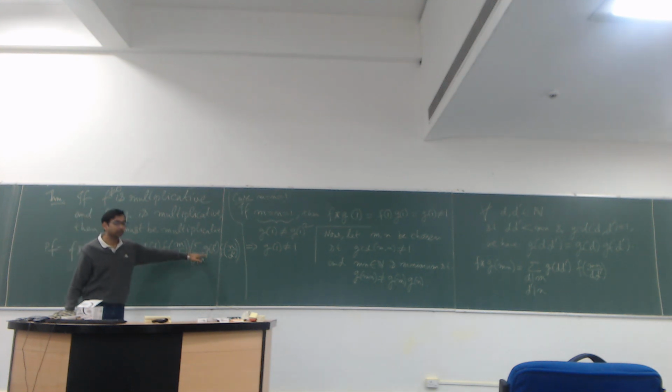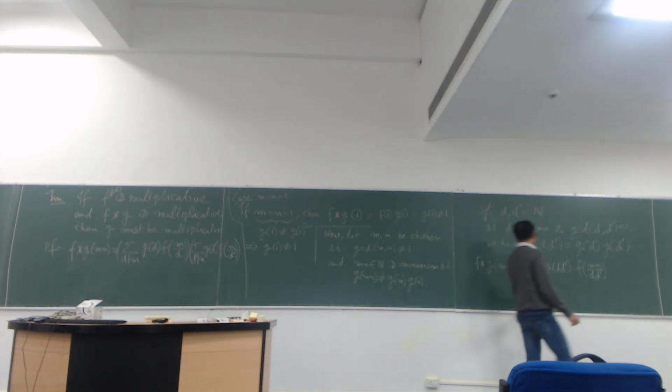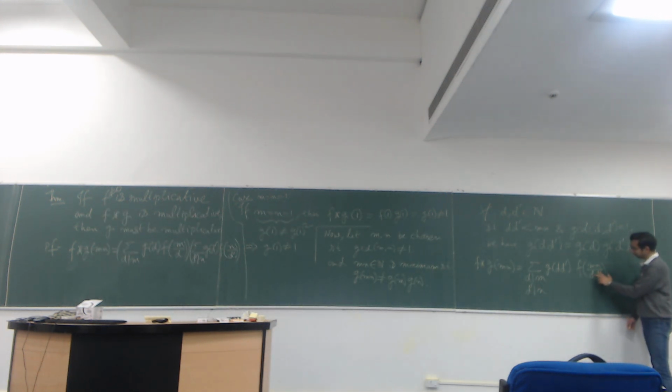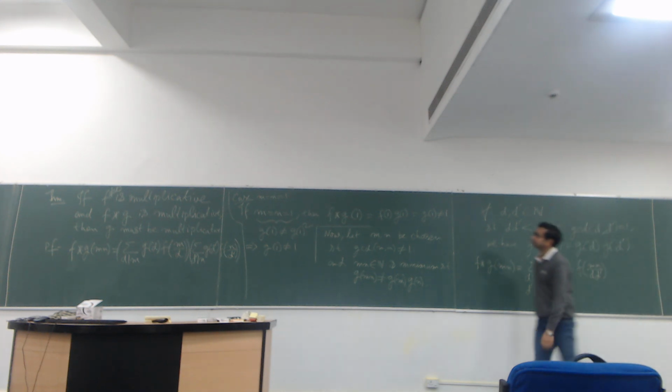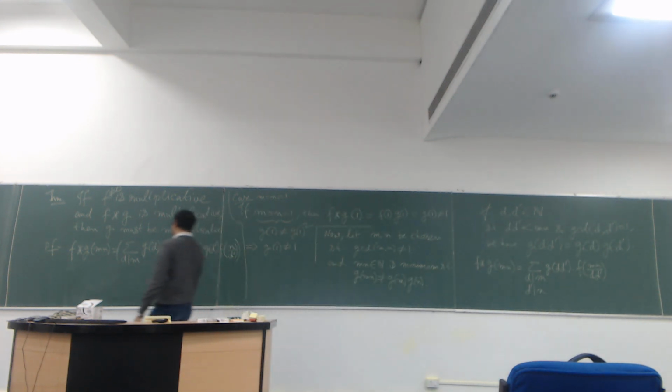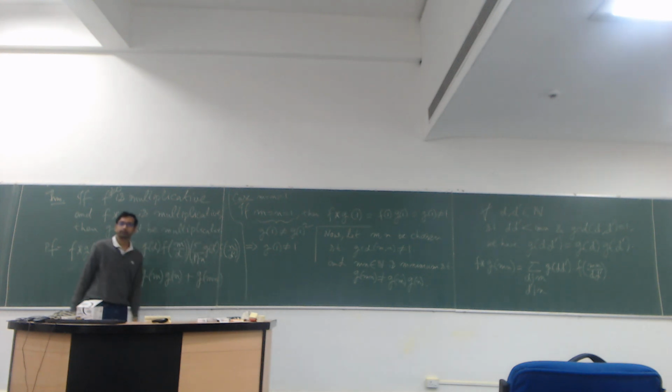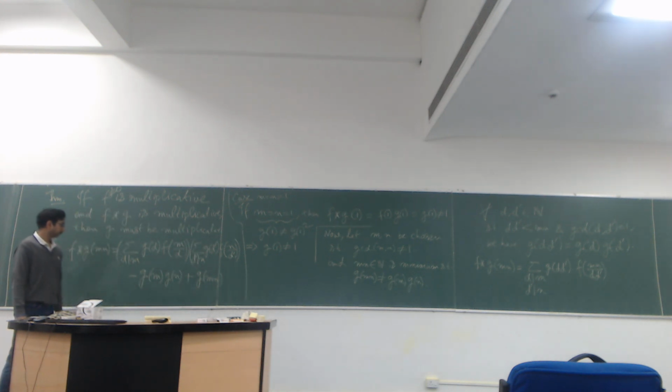Where d and d prime both are M and N, right? So that was G of MN divided by F of MN by MN, that is 1. So that will give just G of MN. So here we must subtract the term G of M times G of N and add the term G of MN instead.